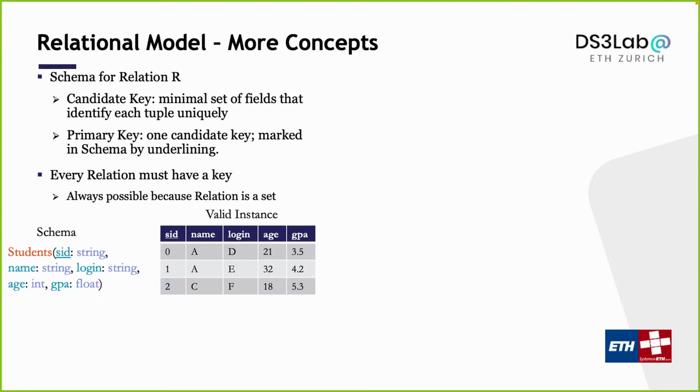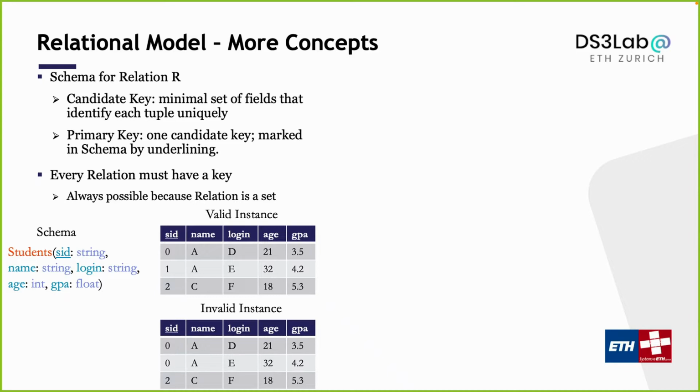What is not a valid instance? This is not a valid instance. If you think about why, in this instance, it actually violates your primary key constraint. Why? Because if you look at the first 2 tuples in this relation, they are different tuples, but they share the value of student ID.